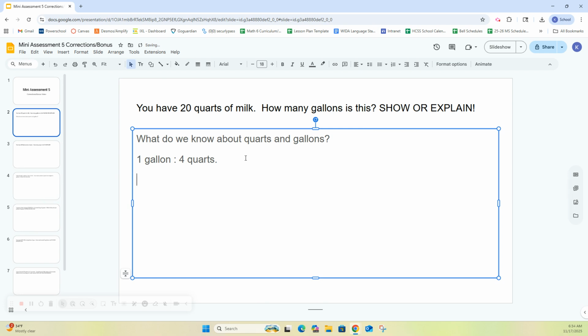So now we need to think, how do we go from quarts to gallons? To go from 4 quarts back to 1 gallon, we would need to do what? That is right, divide by 4.